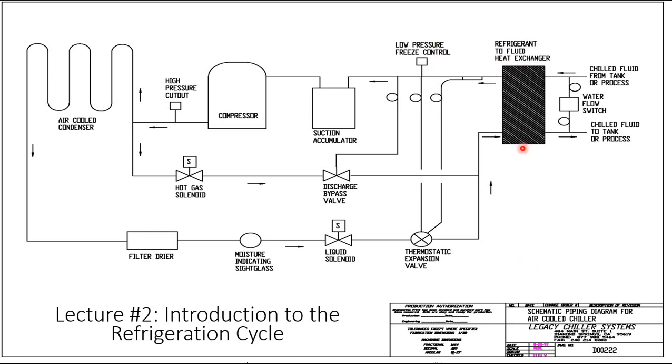Now the evaporator, as we covered earlier, does the exact opposite of what a condenser does. It absorbs heat from the system, from the process, and that's what creates the cooling effect. Whether you're cooling air, in the case of air conditioning, or chilling a fluid, that type of thing. All right, so let's go ahead and take a close look at what's happening here.